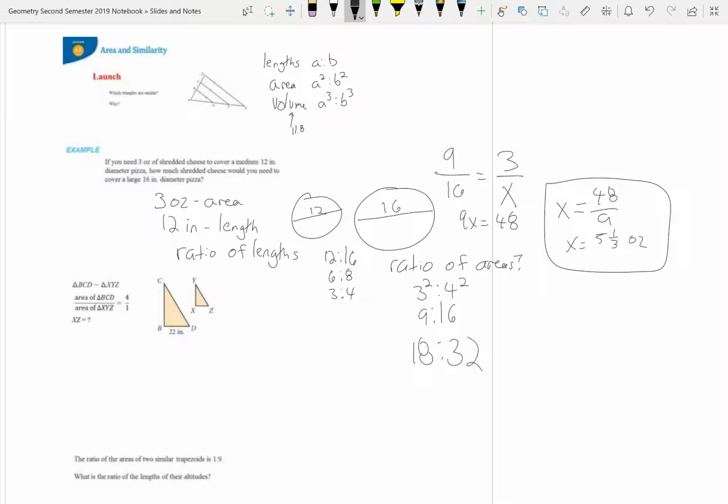You just double it. But it turns out you need 3 ounces, so you divide 9 by 3 and also divide 16 by 3. You get 16 over 3, and that's 5 1/3. So it's all ratios, all proportions.